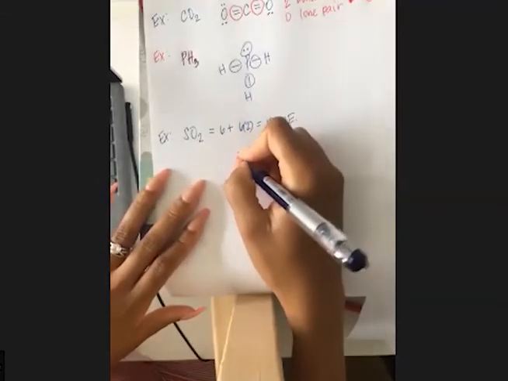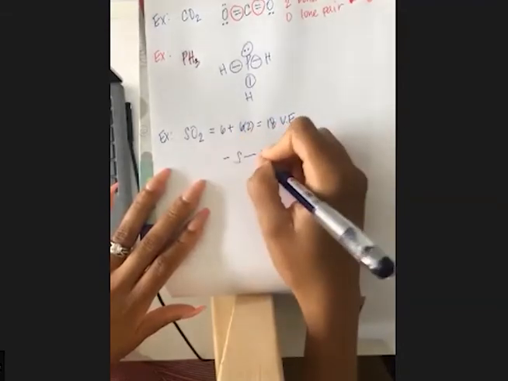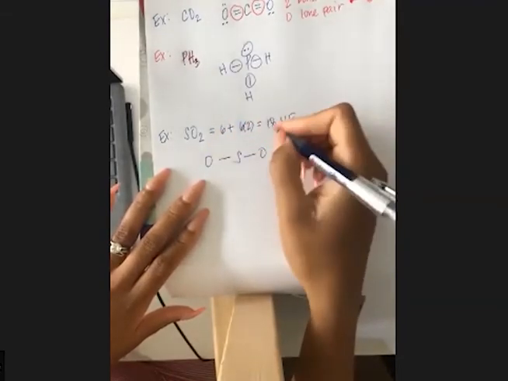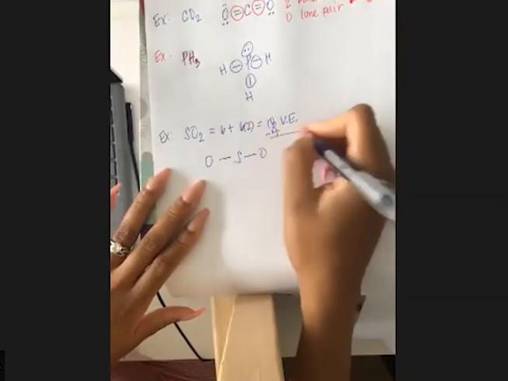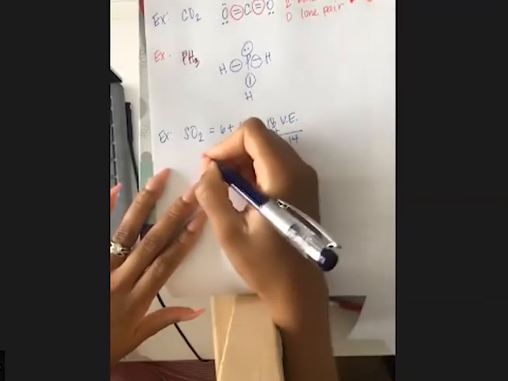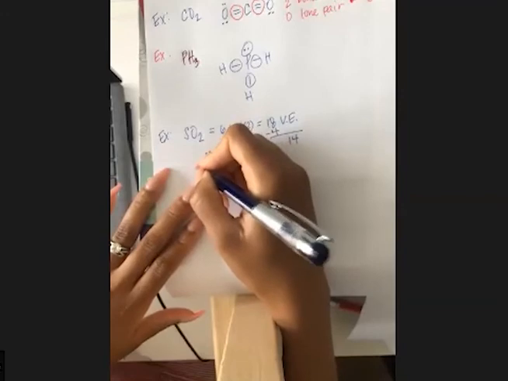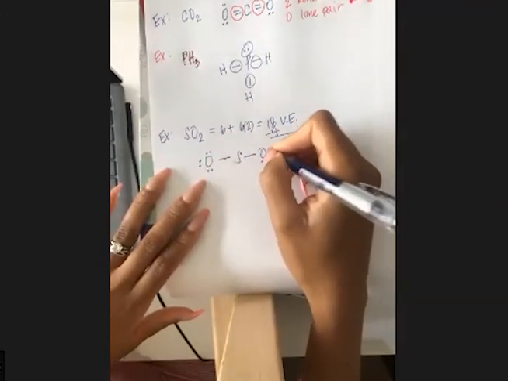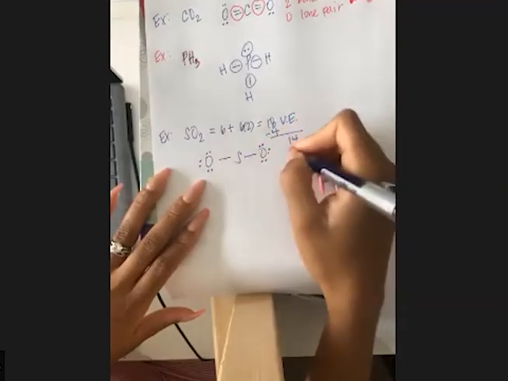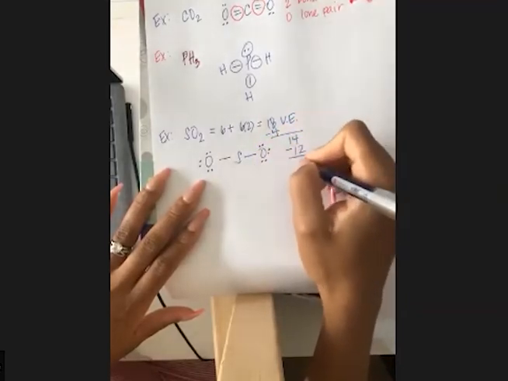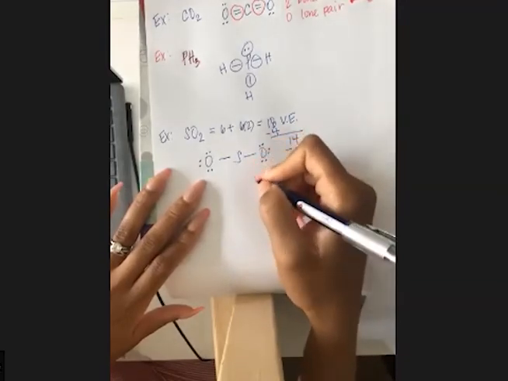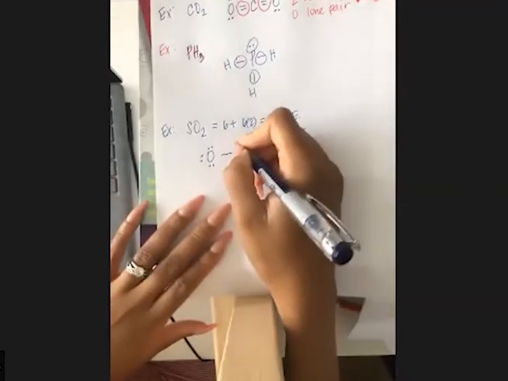I'm gonna put the sulfur in the middle, draw a single bond to each of the oxygens. Subtract 4. I have 14 left to play with. So I'm gonna say 1, 2, 3, 4, 5, 6, 7, 8, 9, 10, 11, 12. So that accounts for 12 of them, and I have 2 left to play with. Those last 2, I'm gonna put them on the sulfur.